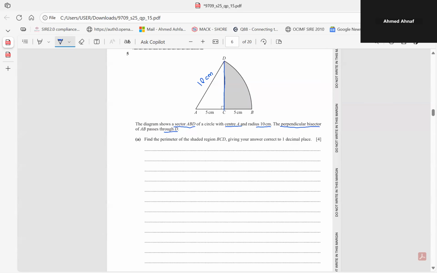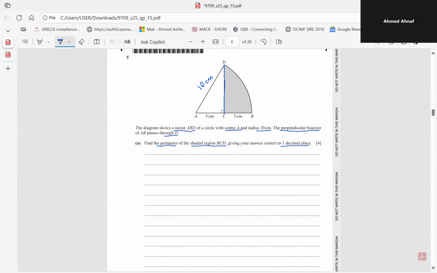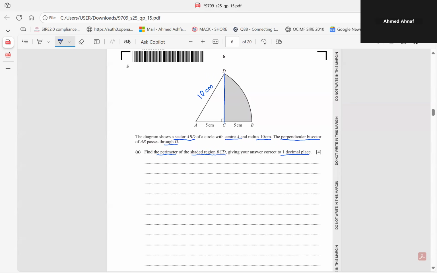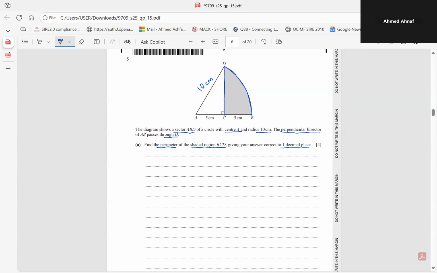Okay, so for the first part, we have to find the perimeter of the shaded region BCD, giving your answer correct to 1 decimal place. So here we're going to have to find the perimeter of this whole shaded region. To do that, we first have to know the arc length of this sector, which is arc DB.